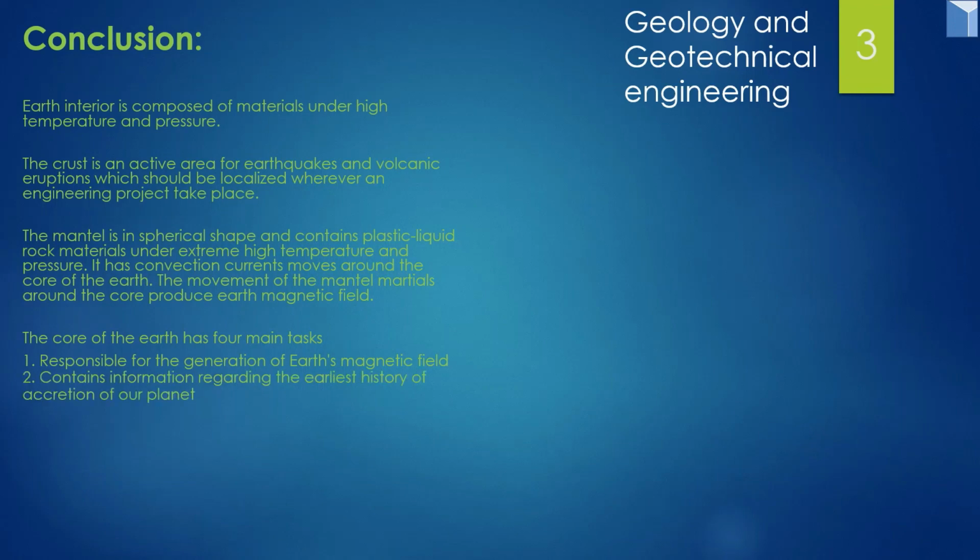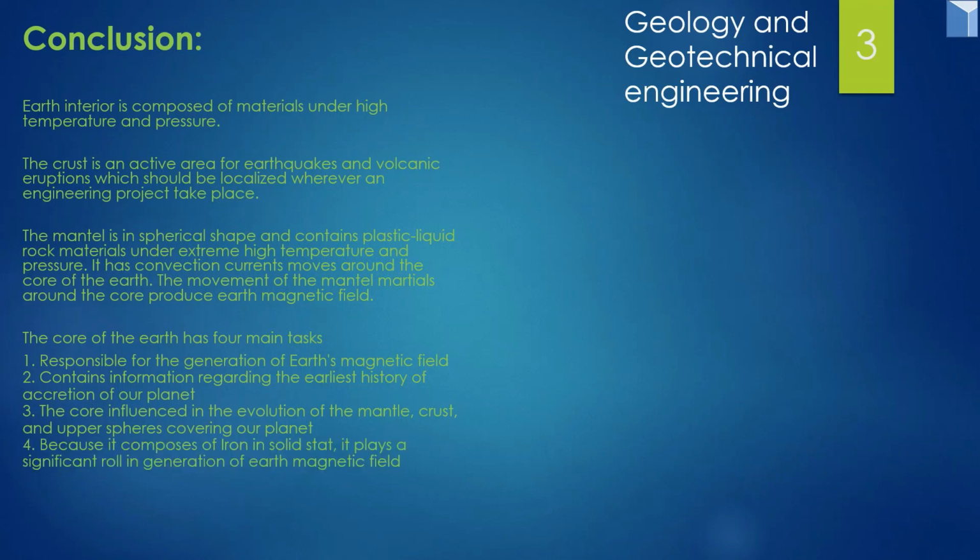The core contains information regarding the earliest history of the creation of our planet Earth. The core influenced the evolution of the mantle, the crust of the Earth, and the upper spheres that cover our planet Earth, which are the atmosphere, the hydrosphere, the biosphere, and also the lithosphere.